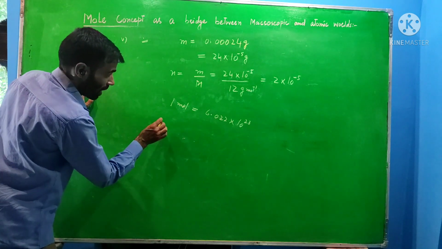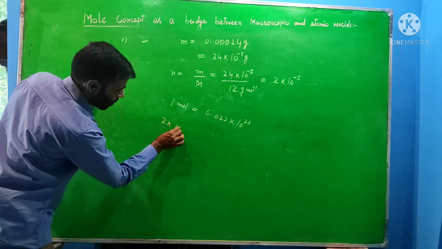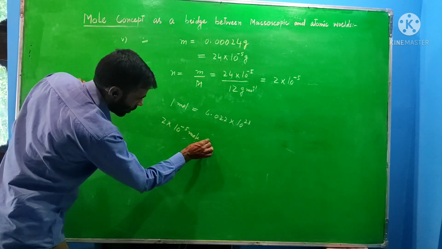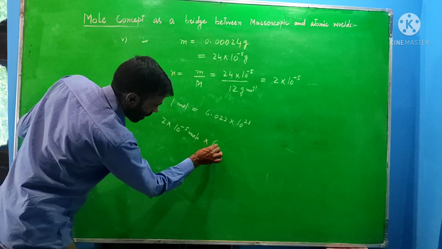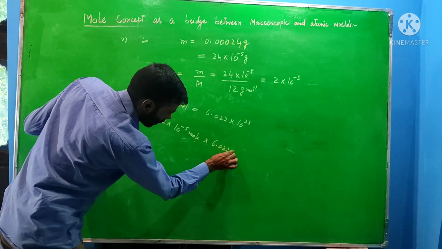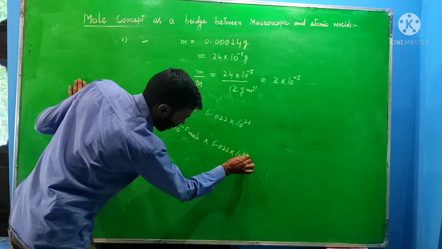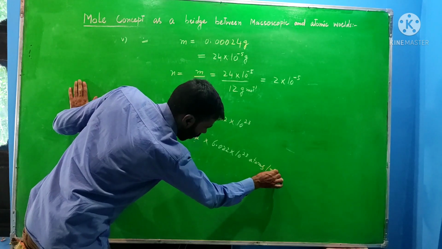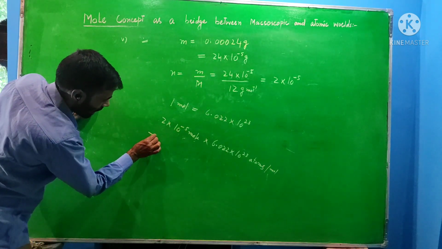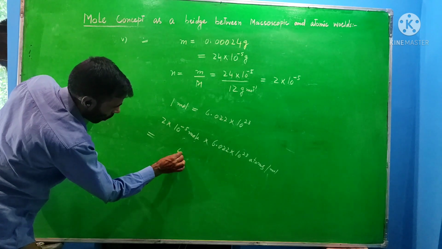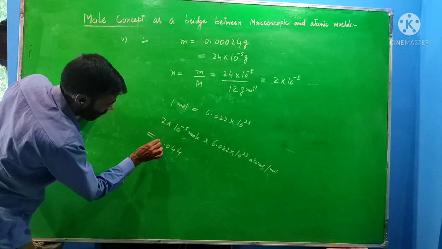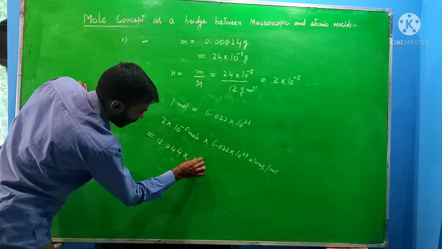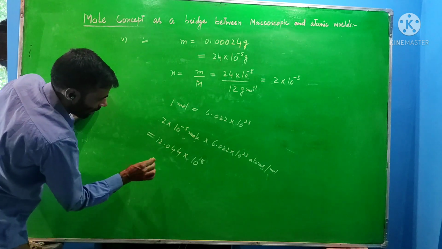So the number of atoms in 2 into 10 raised to the power minus 5 moles will be equal to these moles into number of atoms per mole, which is 6.022 into 10 raised to the power 23 atoms per mole. Multiplying this one with this, that will be equal to 12.044, and after that 10 raised to the power 23 minus 5, that is equal to 18.